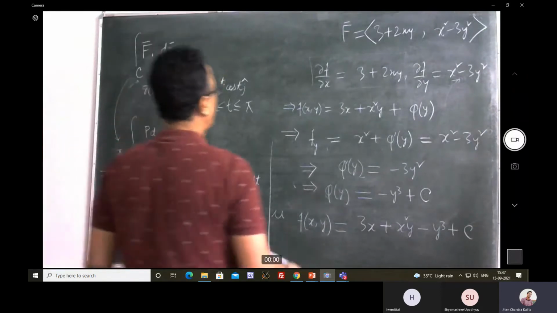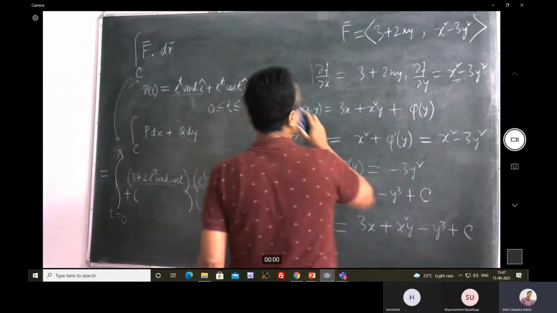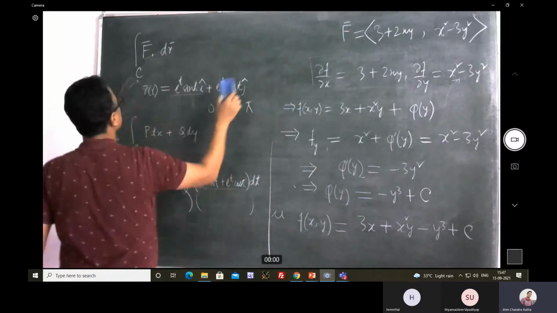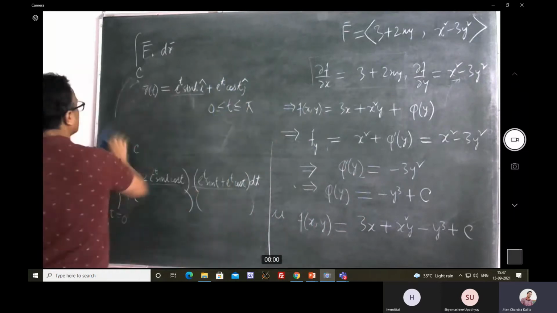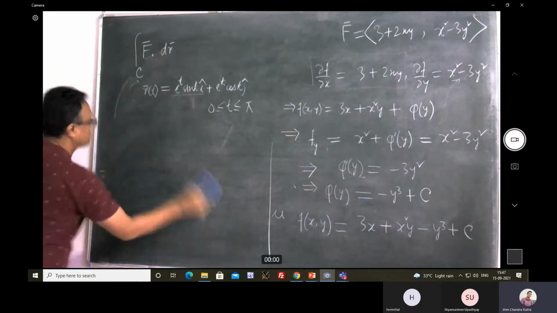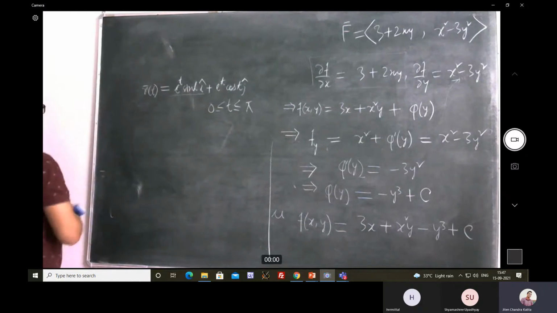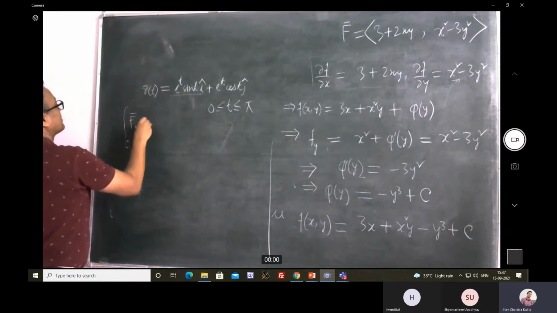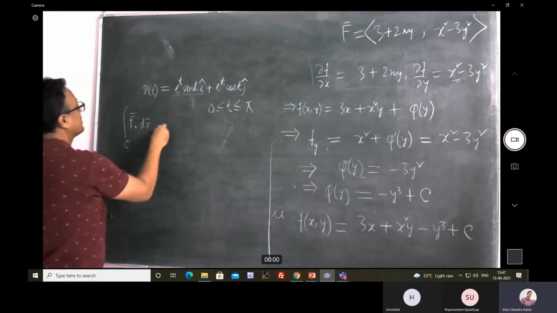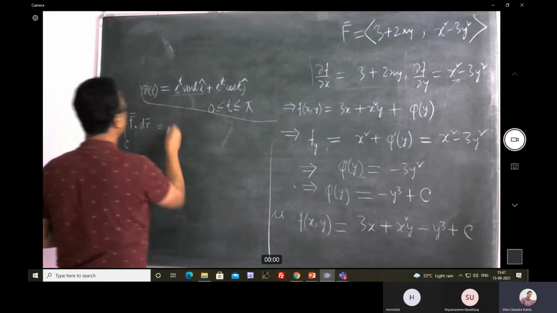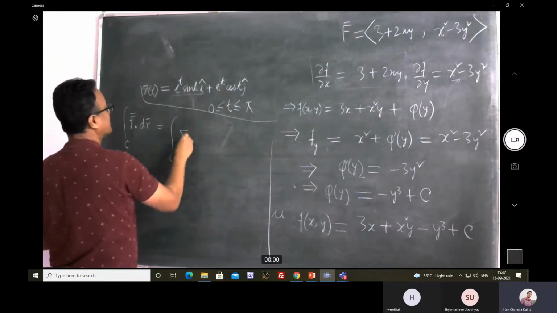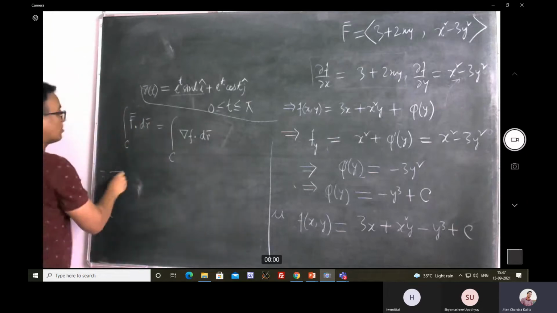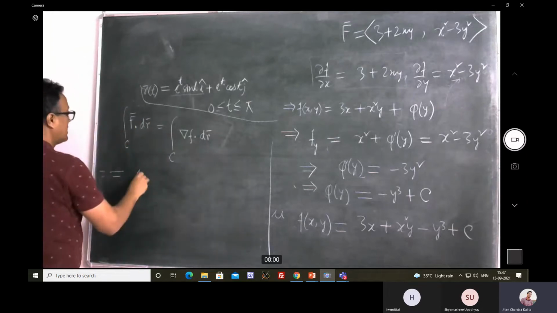that is why what I can do is use the fundamental theorem of line integrals. So now see, if I want to find the integral of F dot dr, you have already found out that F is grad f, so F dot dr, and by the fundamental theorem of line integrals, it becomes f of r at the end minus f of r at the start.